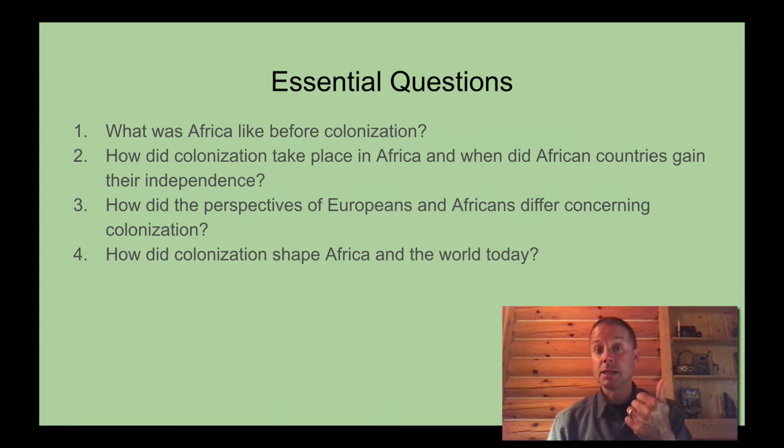Sweden had a small colony in Delaware. Germans had a small colony in Pennsylvania. So we kind of know the North American history. Now we're going to talk about the African history with colonization. It's going to be pretty different than what happened in North America. So that's why we're going to check it out.